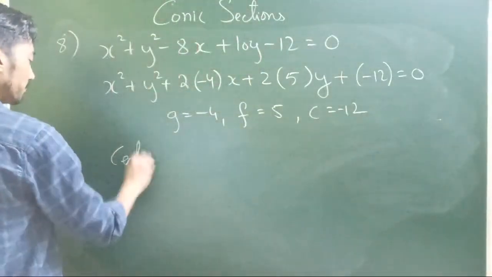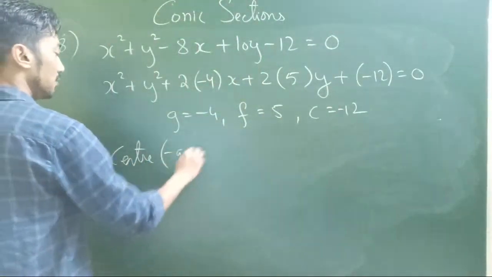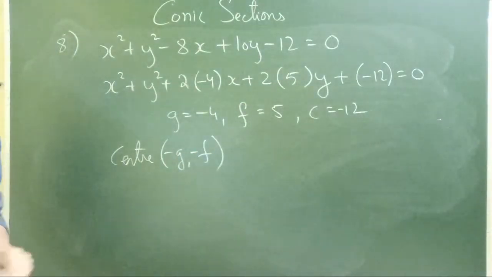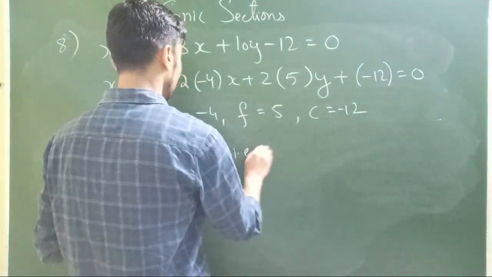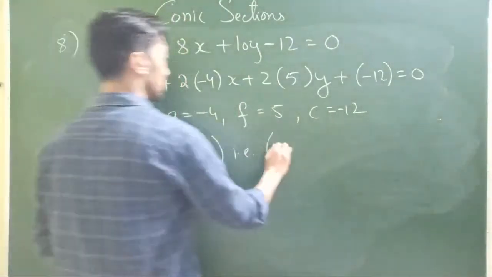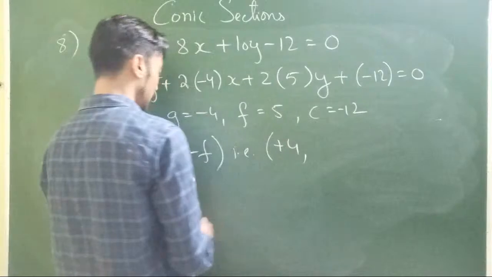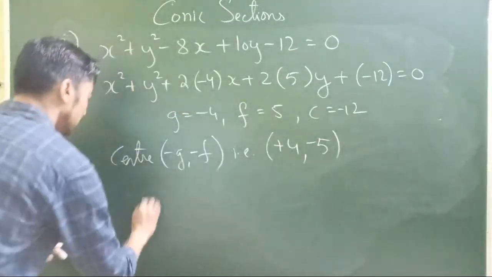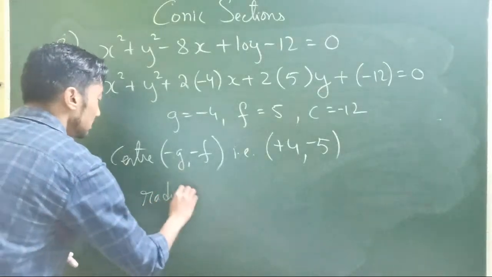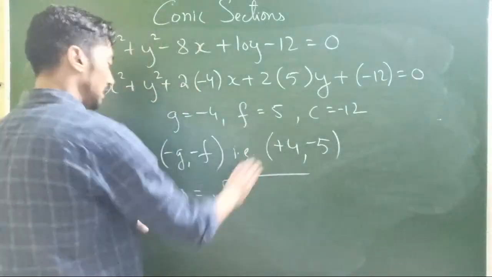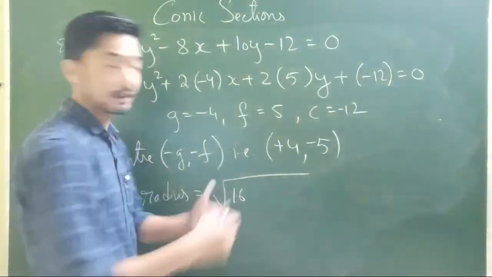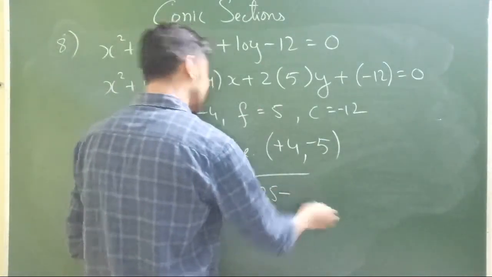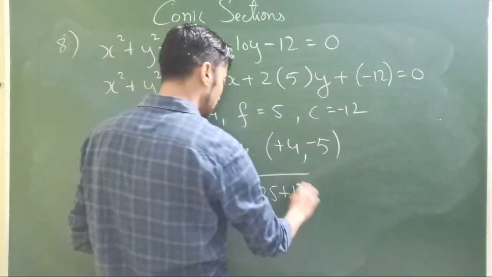So the center, I'll write once again because I've seen students make a lot of mistakes with this: minus g, minus f, so that's going to be minus g, minus minus 4, so 4, and f is 5, so minus 5, fine. And the radius will be root over g square, that is 16, g square plus f square, 5 square, 25, minus c, minus minus 12.